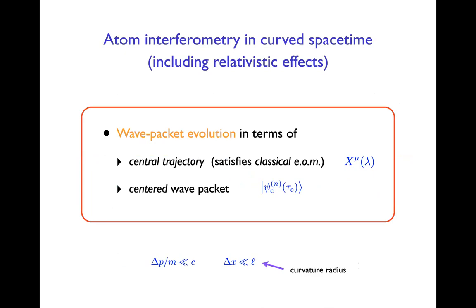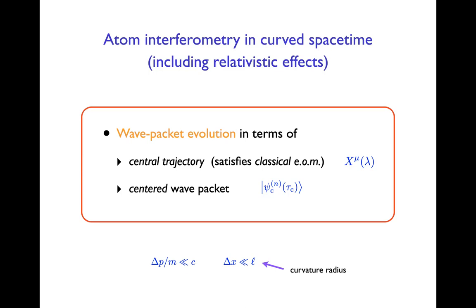Right, so let me briefly mention something that will not be very important for the rest of the talk, but is important as the underlying solid basis for the results we'll be discussing. This is a relativistic description of atom interferometry, or matter wave interferometry in general, in curved space-time, including relativistic effects.